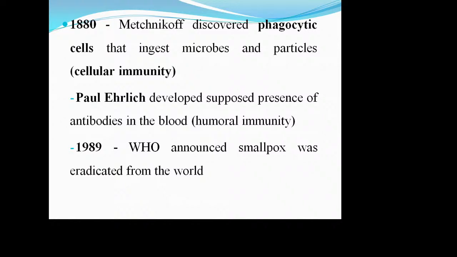At the time, another scientist who worked in Germany, Paul Ehrlich, developed the theory of the presence of antibodies in the blood. Paul Ehrlich, unlike Mechnikov, said that the main role in immunity is played by antibodies.